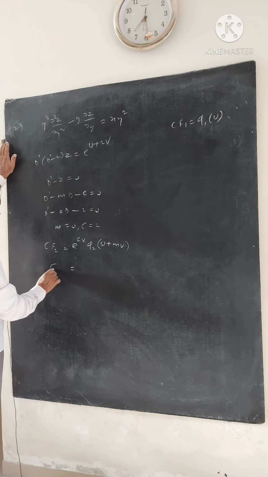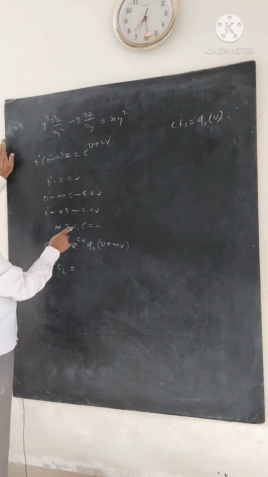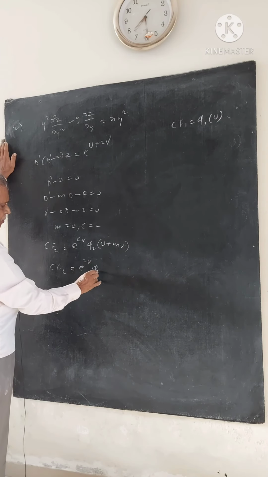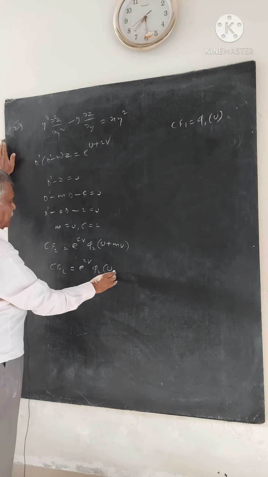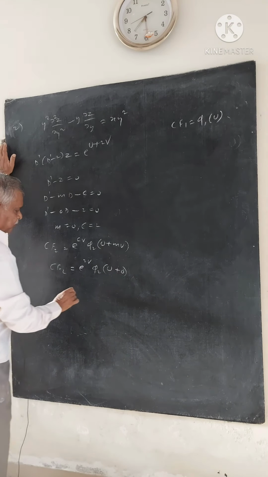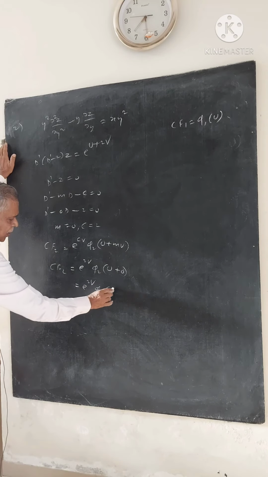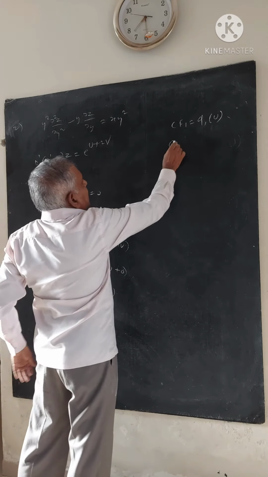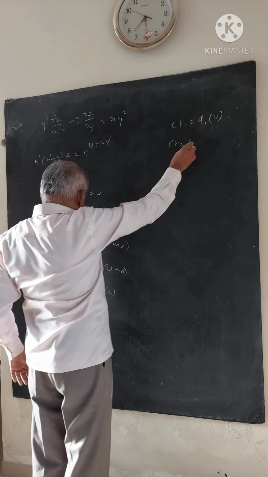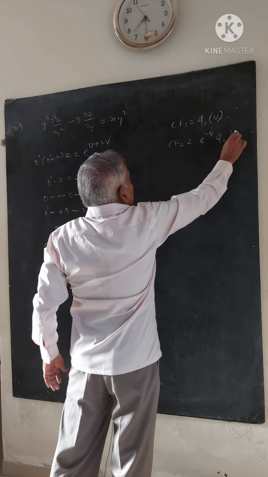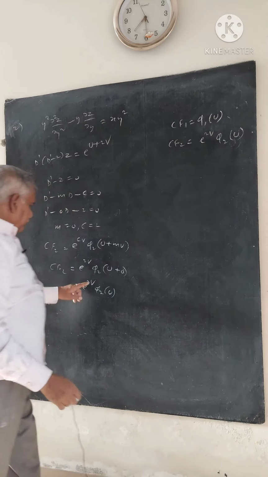Therefore, CF2 equal to e power 2v, phi 2 of u.